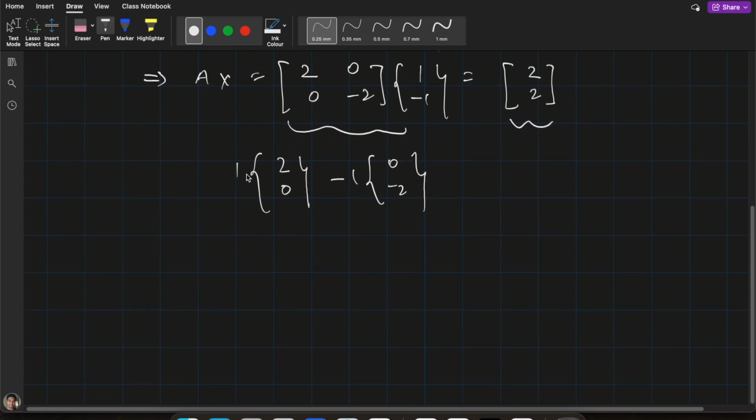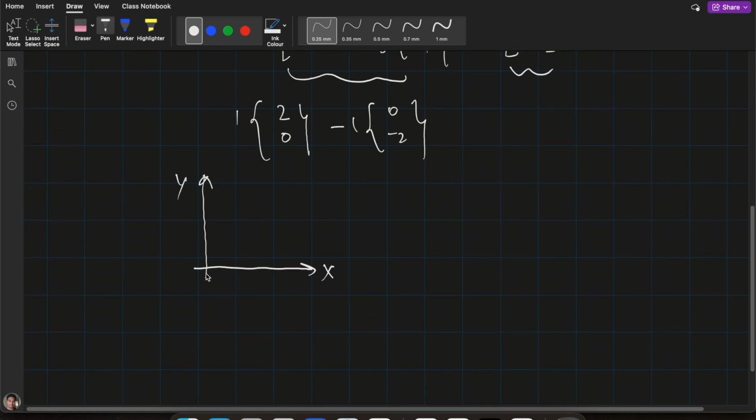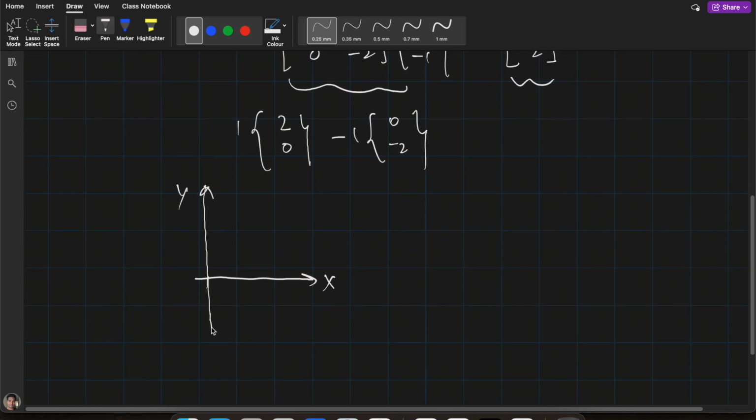Geometrically, if I plot this kind of operation, suppose it's the x-axis and y-axis. Now I have a vector (2, 0), that is x equal to 2 and y equal to 0. It is multiplied by scalar 1, so it will be directed in this direction.